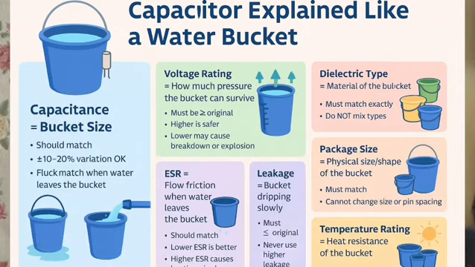It should not exceed or be less, so it should always be the same capacitance value. For voltage rating, it is how much pressure the bucket can survive, so a higher voltage is always better when finding an alternative solution.